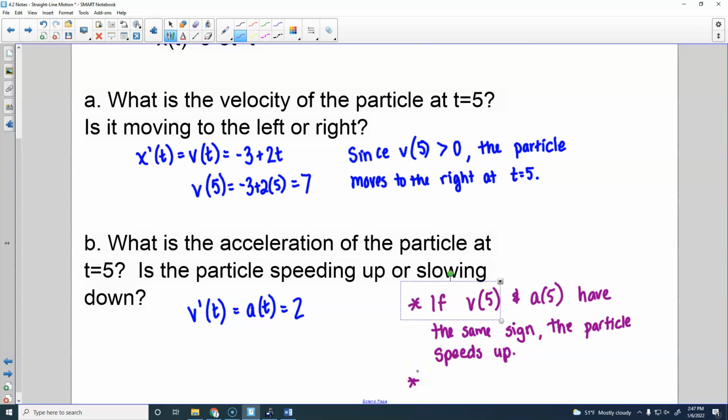Okay, so either they're both positive or they're both negative. The particle is speeding up.